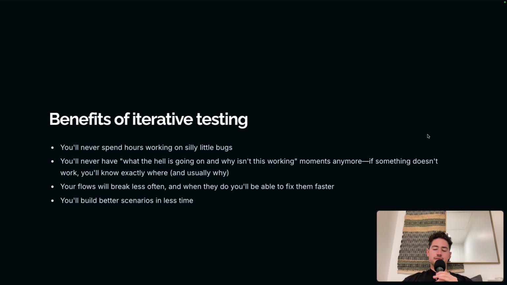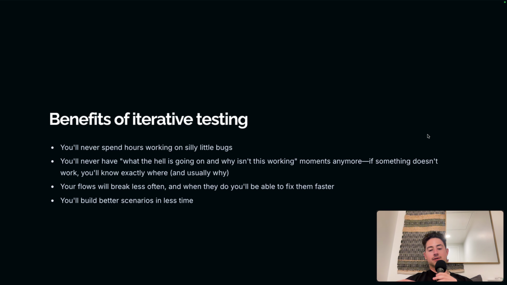This is going to be a quick and easy video. We're not going to spend too much time on this. I find that the benefits of iterative testing become immediately clear. But essentially, if you iteratively test as you build, you're never going to be spending hours working on silly little bugs. You're never really going to have to worry about tiny things like missing a curly brace, or not including the right kind of quote or dash.